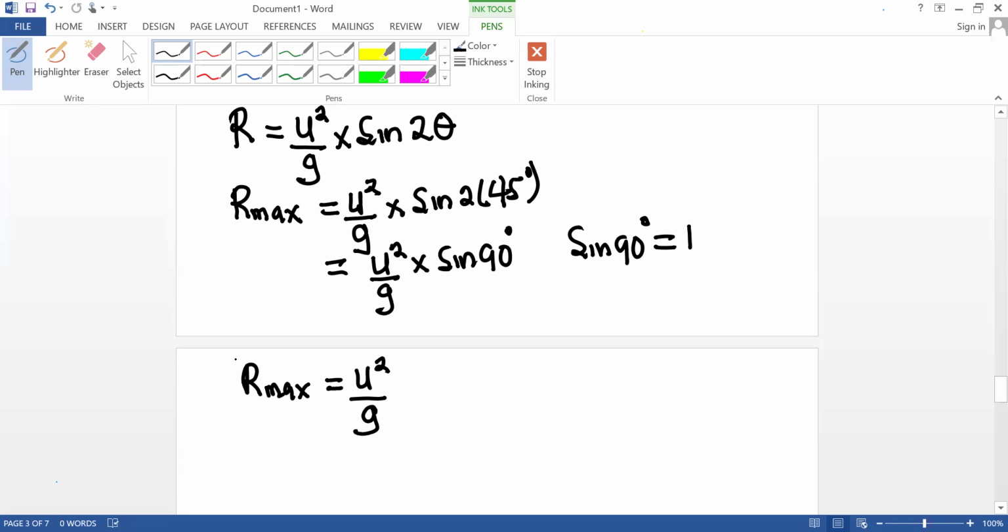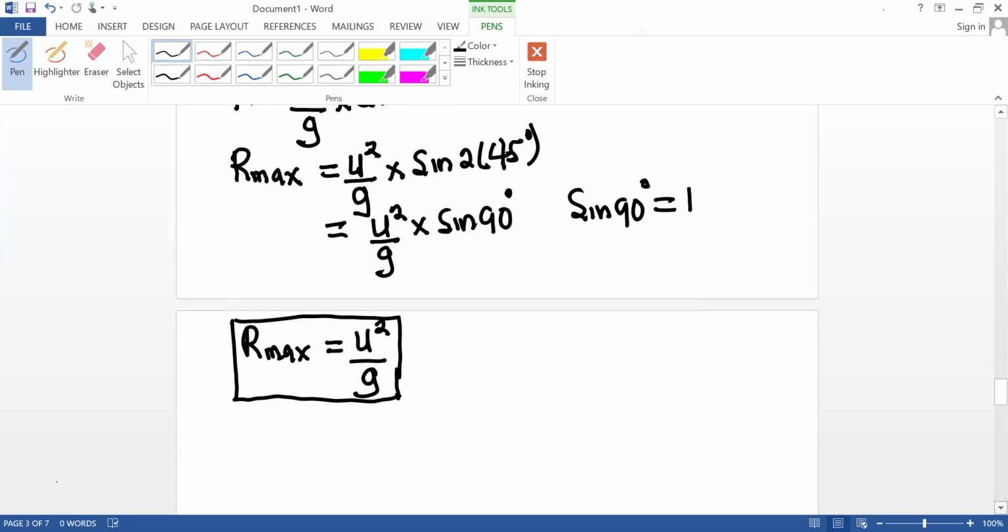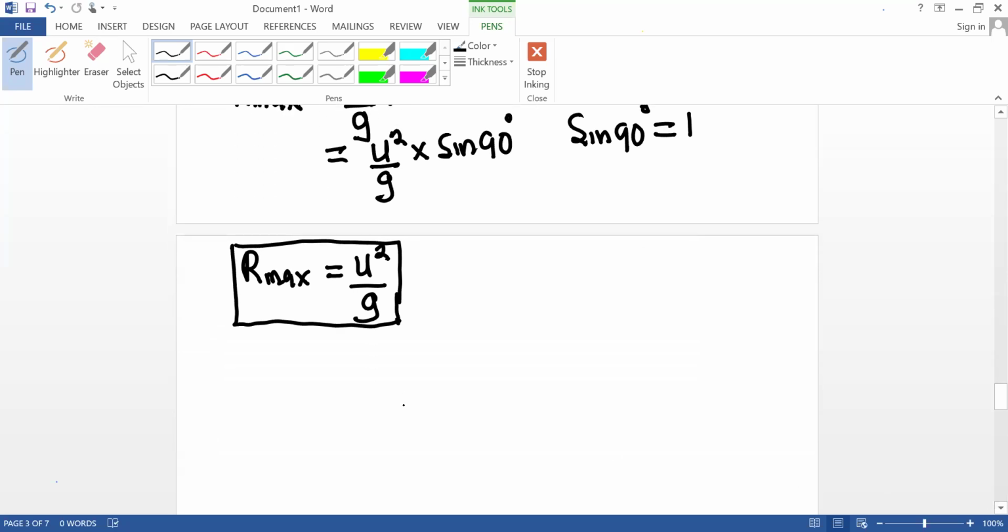This is the equation or formula for the maximum range of a projectile. So the rule is that maximum range of a projectile is obtained when theta is 45. And when theta is 45, the range is equal to U squared over g. So let's go back to our question.